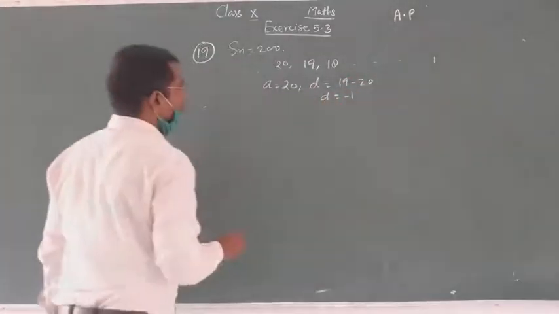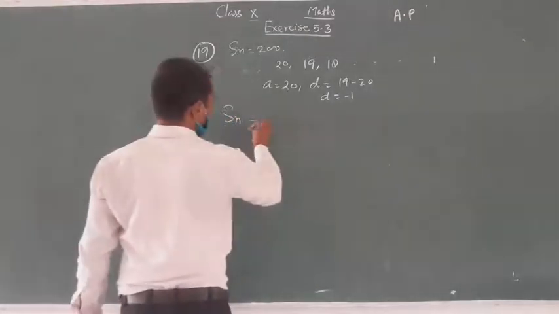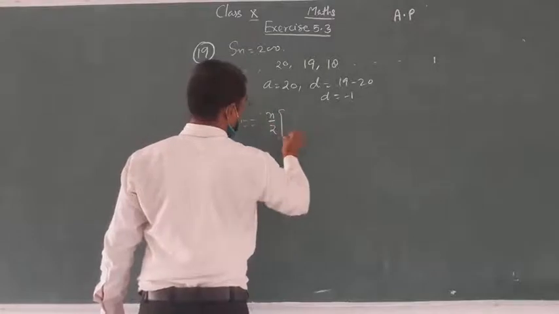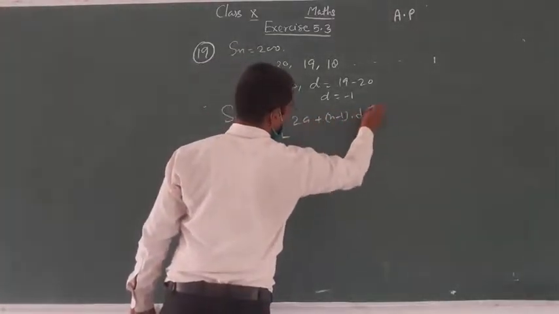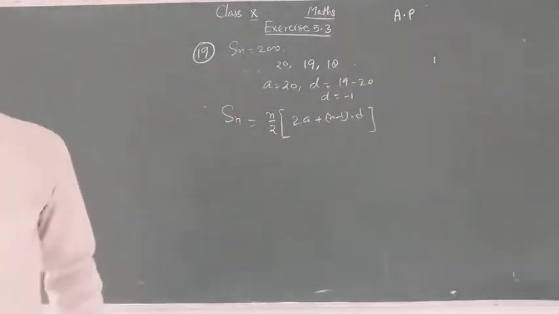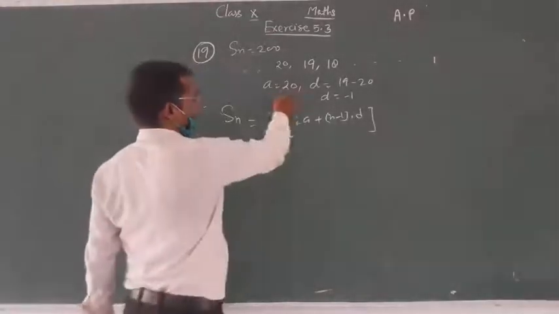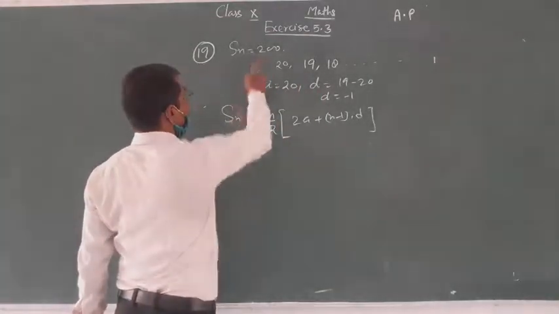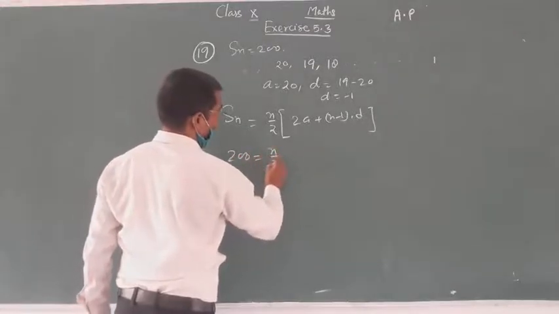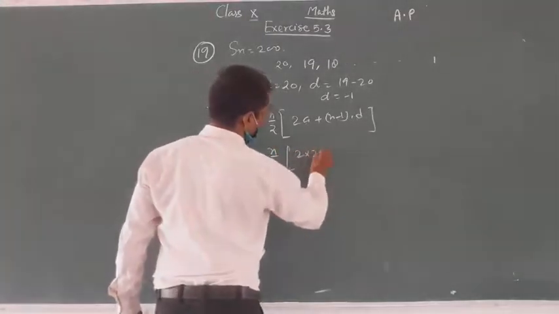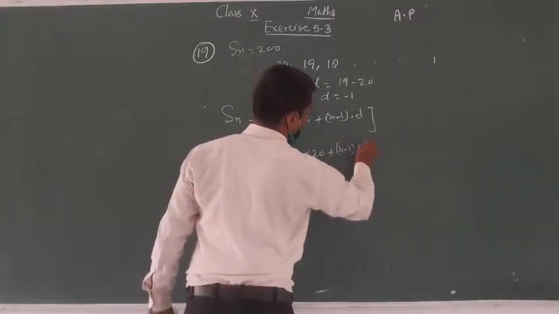So now Sn, the sum of n terms, is equal to n by 2 into the bracket 2a plus n minus 1 into d. Now put in the values of a and d. So given that 200 is equal to n by 2 into 20 plus n minus 1 into minus 1.